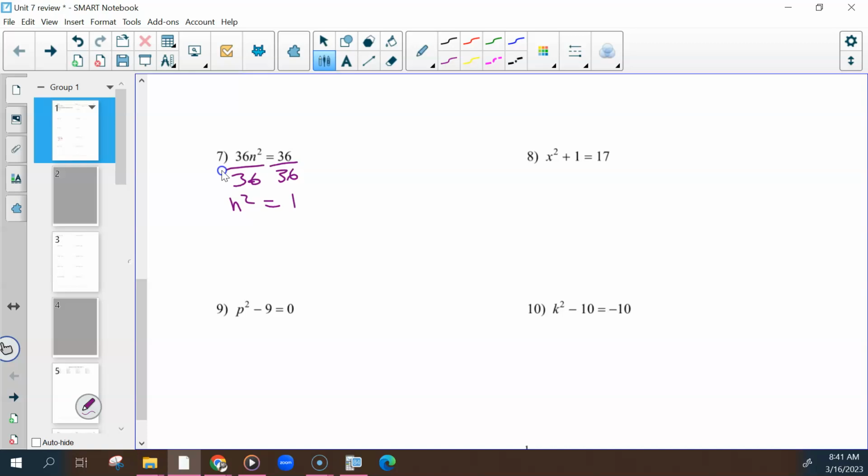Take the square root of both sides to get rid of the square. Remember that when you take the square root, you get plus or minus. And you have to write your answer in a solution set. So you can either write it as curly brackets plus or minus 1, or you can separate.